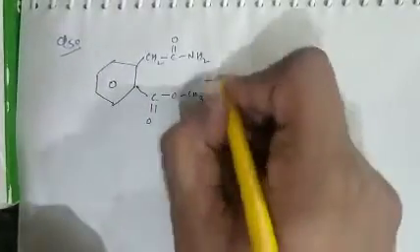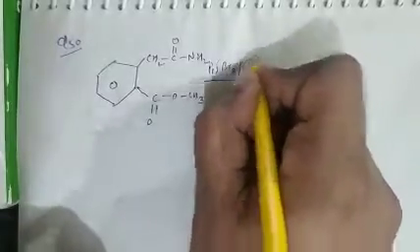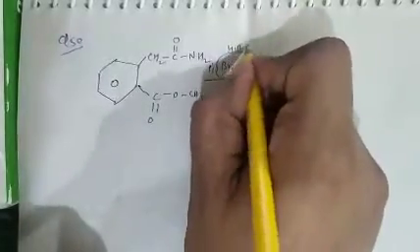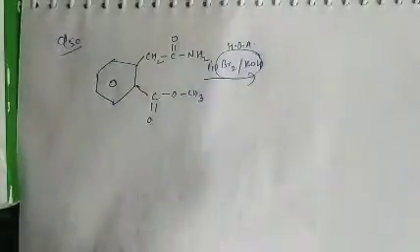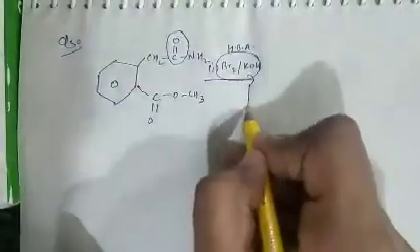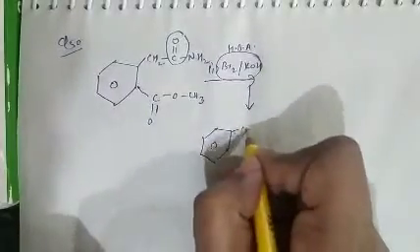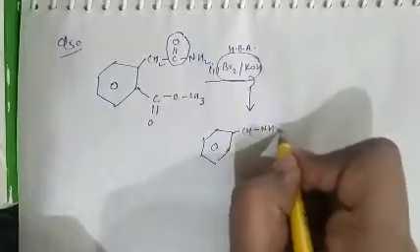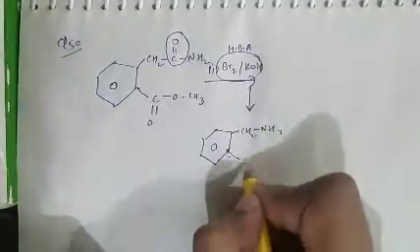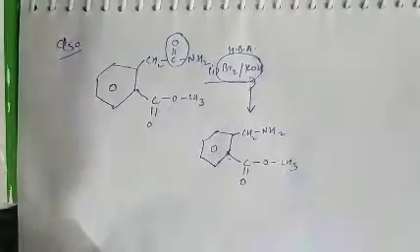In the first step, the reagent is Br2. So this reaction is called the Hofmann bromamide reaction. Now this CO group will be removed after the reaction. So the first compound formed is CH2, NH2, and C double bond O, OCH3.